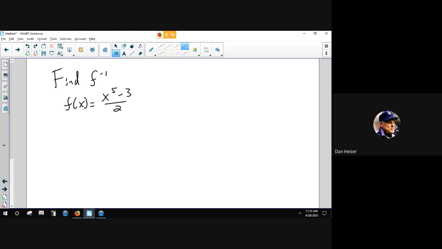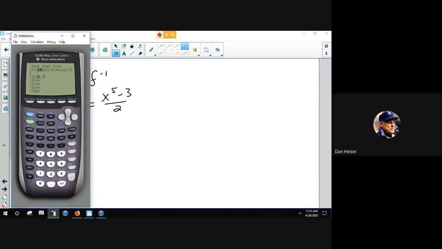Crank things up a notch. Find the inverse. First question, is it 1-to-1? If it's not 1-to-1, we have a problem. How do we know if it's 1-to-1? We all have this nice little tool here.